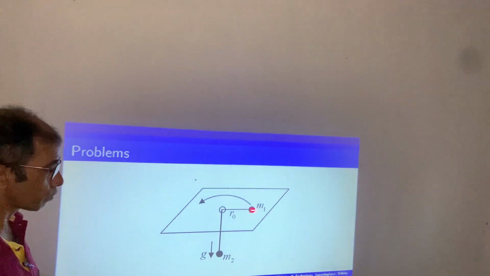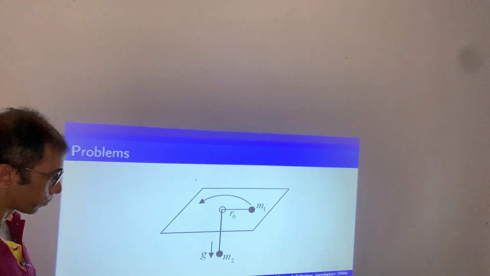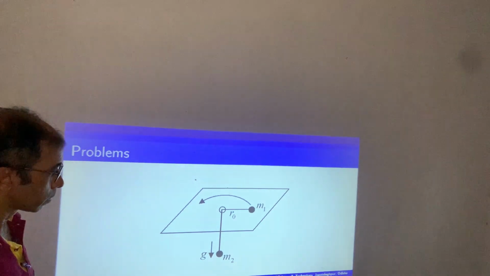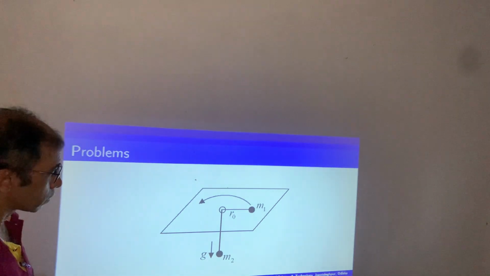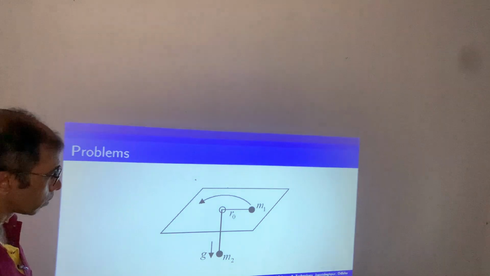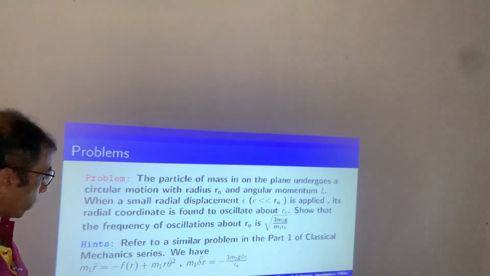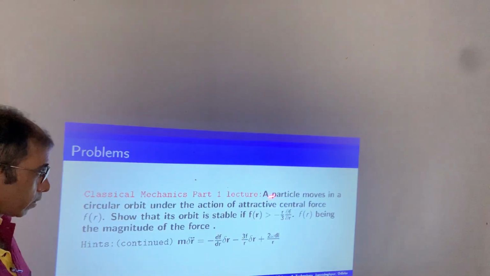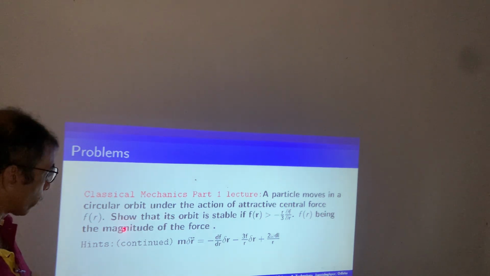So the problem has asked you to find out the frequency of oscillation, and we have done this kind of problem before. For that we have to go back to the classical mechanics part 1 lecture, where we have done this problem. A particle moves in a circular orbit under the action of an attractive central force, F(r).